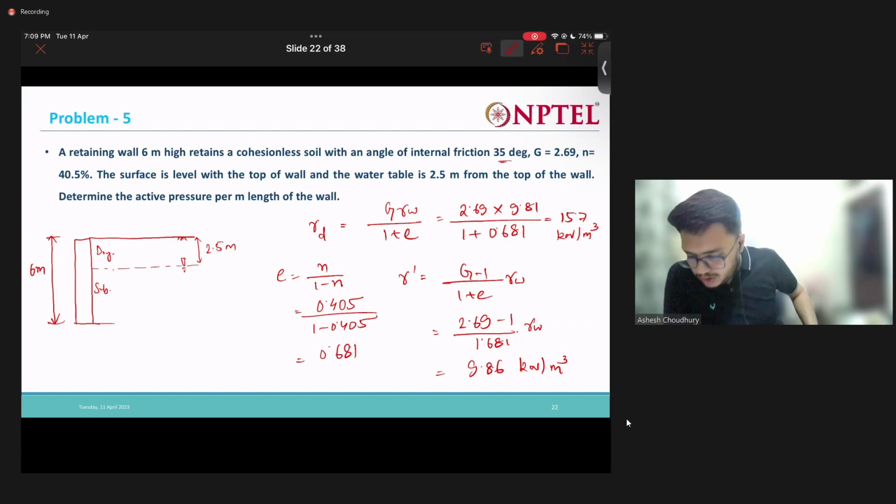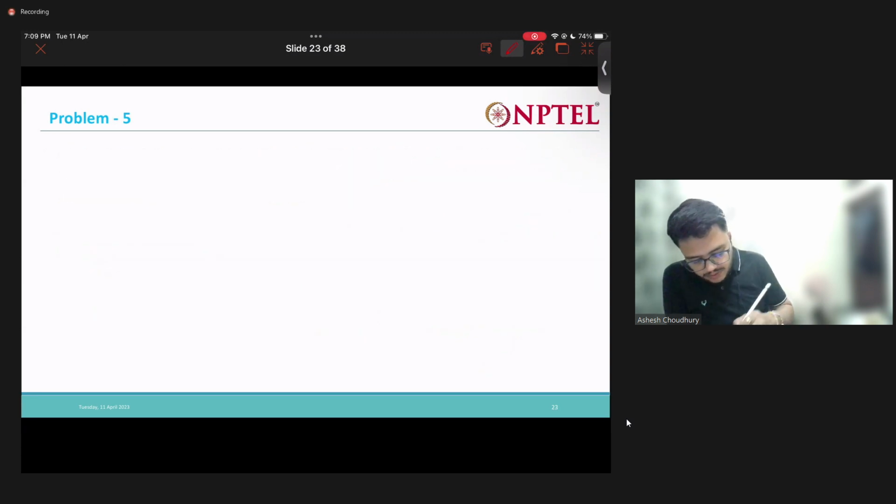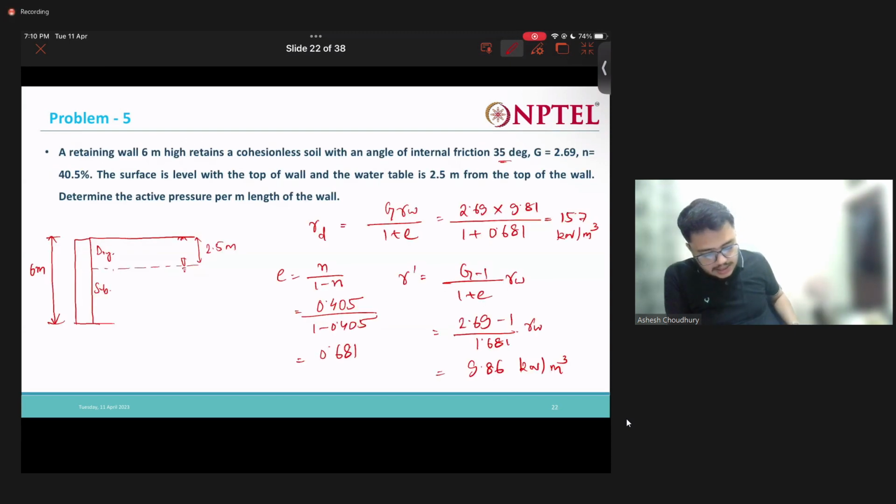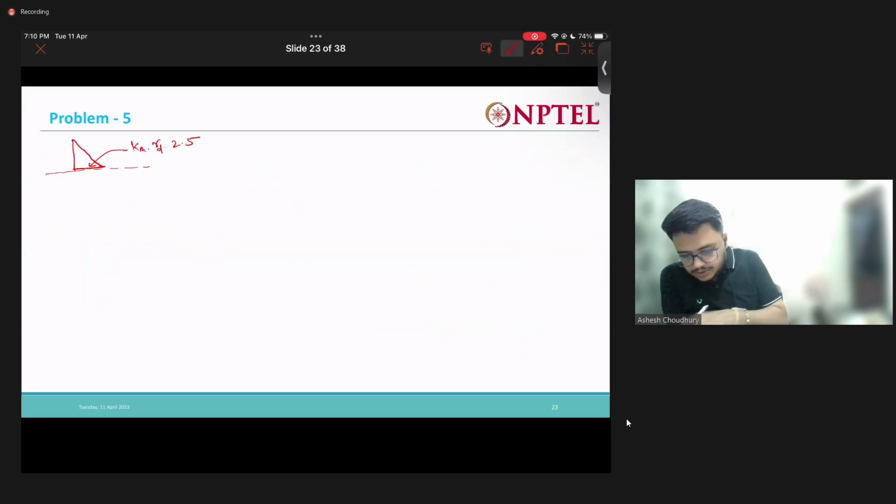Okay, so we got this. Now if we want to draw the arrangement, the upper portion will be a triangular arrangement. This is nothing but K into gamma dry into 2.5, and below it's submerged, so it will reduce.